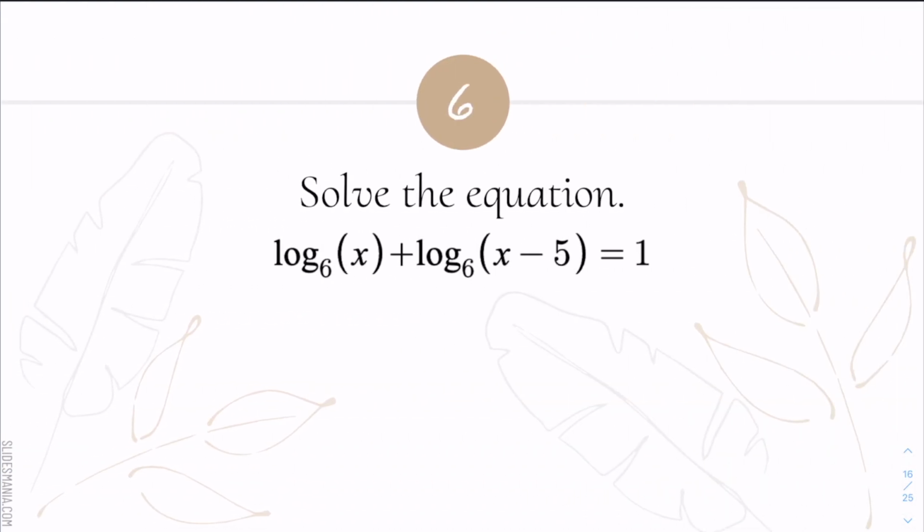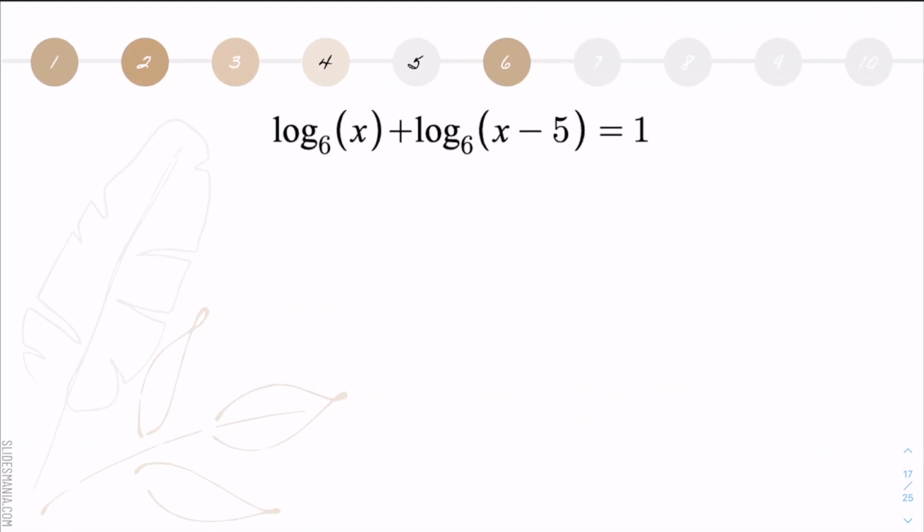For this next equation, we are going to have to condense our 2 logs and then exponentiate to solve for x. So here, because we're adding 2 logs with the same base, when we condense these, that means we're multiplying x by x minus 5.